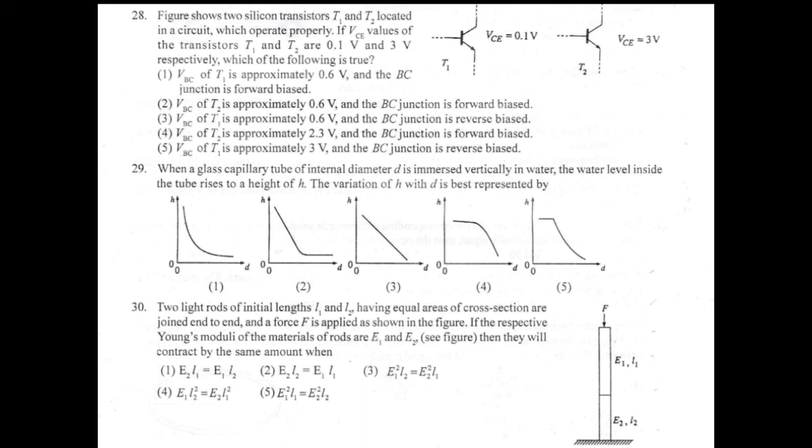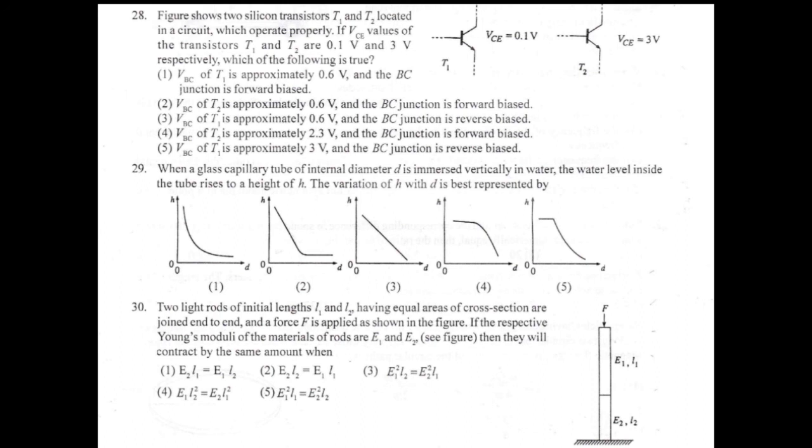They ask for the variation of h with D. Now, when water in the capillary tube is at a height of h, the pressure given by h height is h rho g, and that pressure must be equal to the pressure difference between the curvature of the water surface inside the capillary tube, that is 2T over R. 2T over R is equal to h rho g.